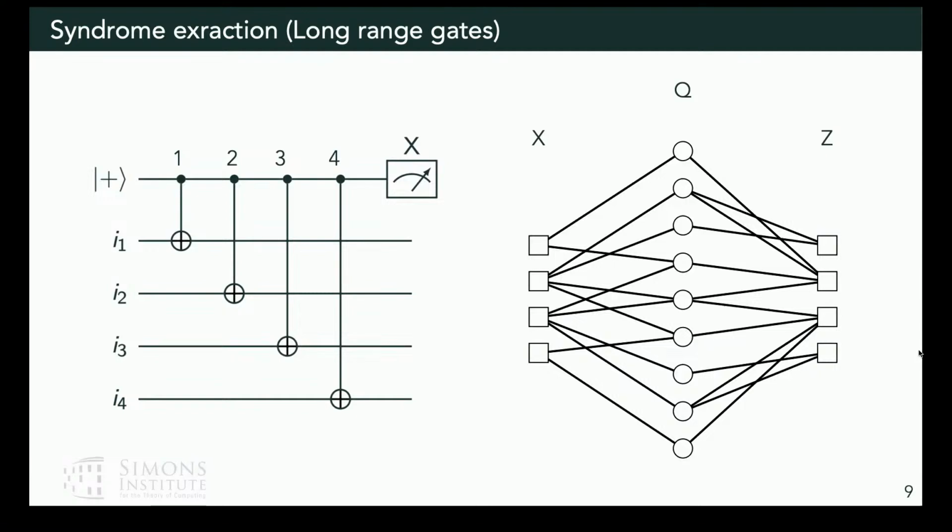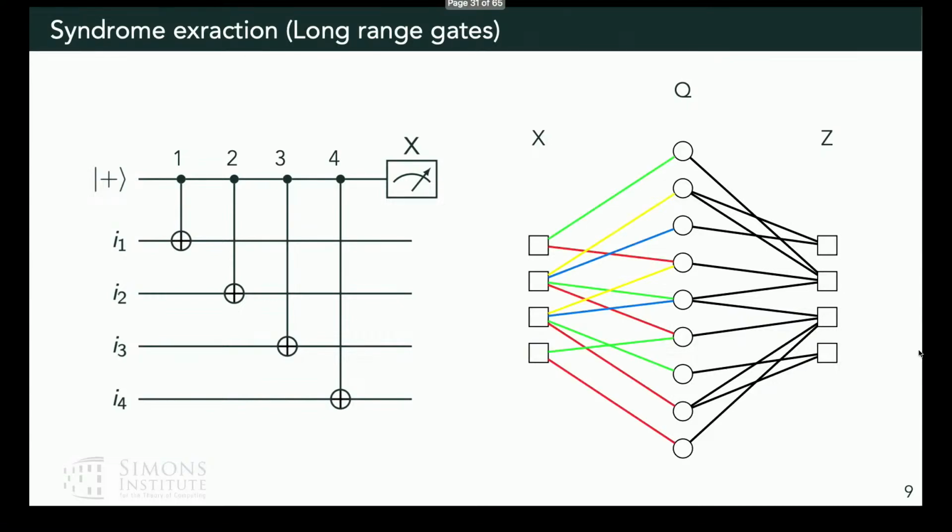On the right, I've drawn the Tanner graph of some code, and on the left is the standard syndrome extraction circuit for measuring an XXXX operator. So what I need to do is assign to each check an ancilla qubit, and then find a scheduling of the entangling gates.